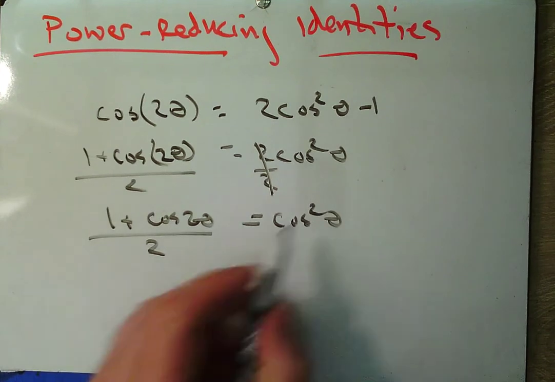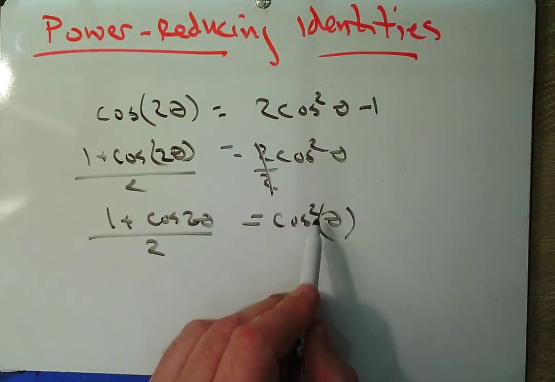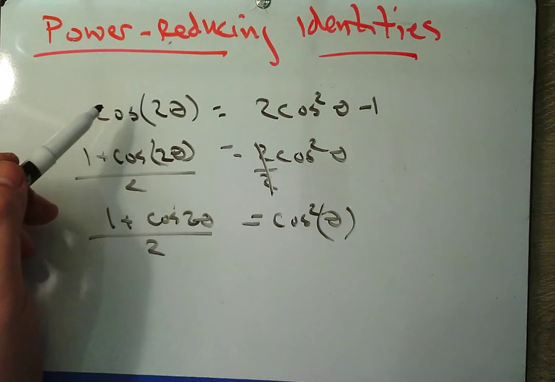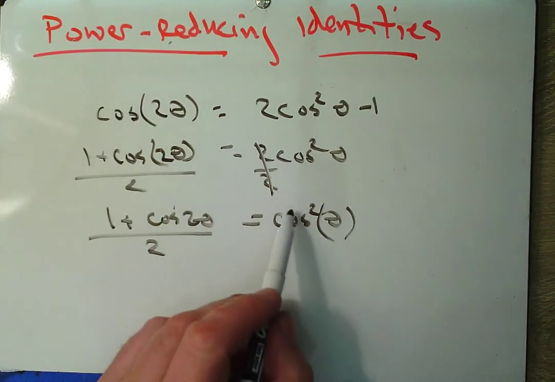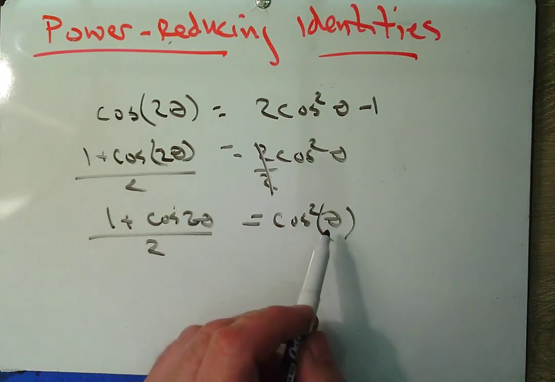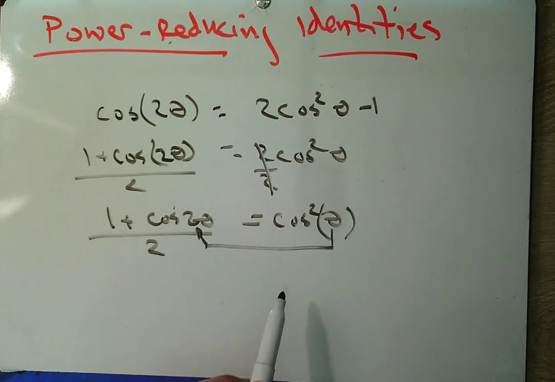Now notice two things have happened here. One, the power on the cosine went from 2 to a power of 1. So we stepped the power down. That's why it's called a power-reducing identity. But in the process of stepping the power down on the cosine function, look what happened to the angle. The angle doubled.